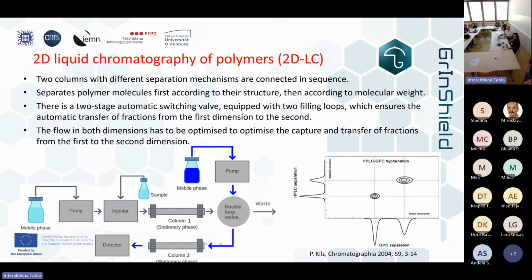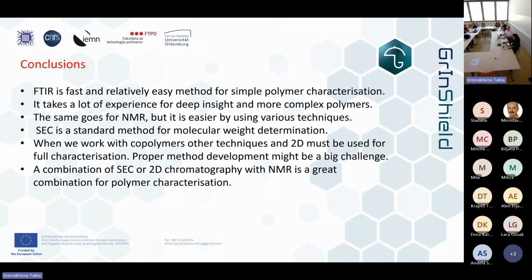At the end, of course, the detector and everything is the same. So we see separation by HPLC and by GPC, according to interaction with the stationary phase and according to molecular weight. And of course, here too we can take fractions at the end and use NMR, for example.